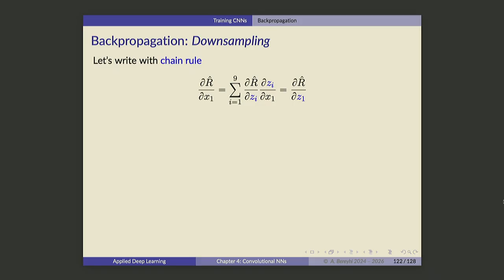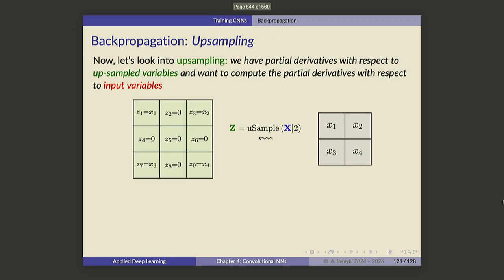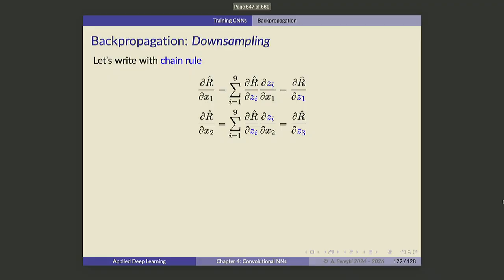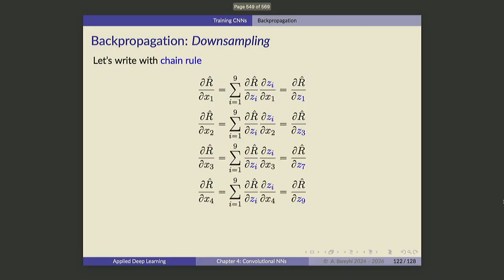What about the gradient with respect to x2? Again, if I look at this map, x2 only shows up at z3, so this is going to be the same gradient. Anyone else is 0, and so on. So for the 4 different inputs x1 to x4, you can simply use the chain rule to write down the gradient.